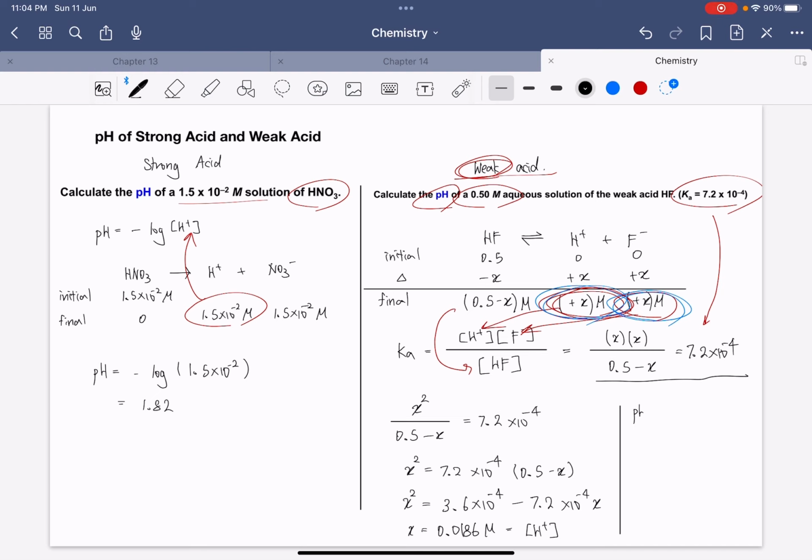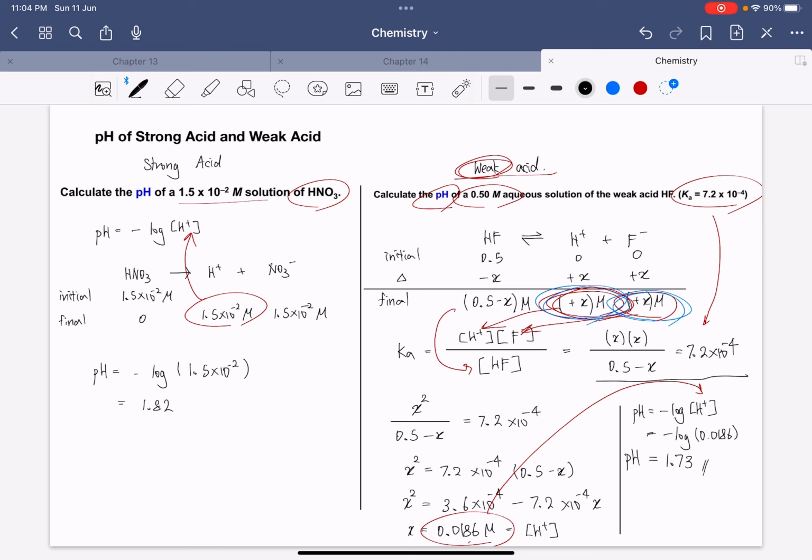We can use this equation. pH is equal to minus log of H plus. Then we just plug this value in for H plus ion. Then we get minus log of 0.0186, which turns out to be pH is equal to 1.73.